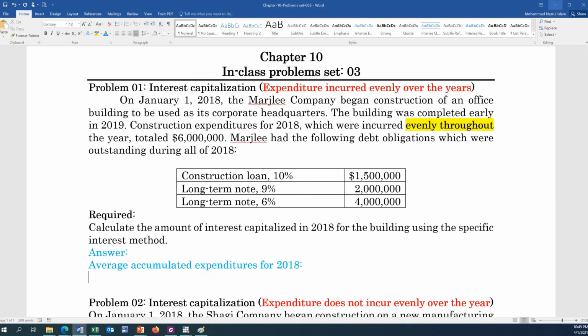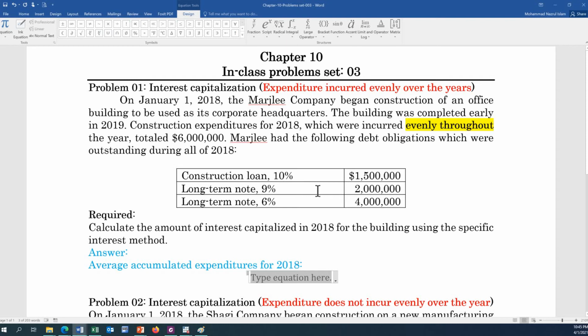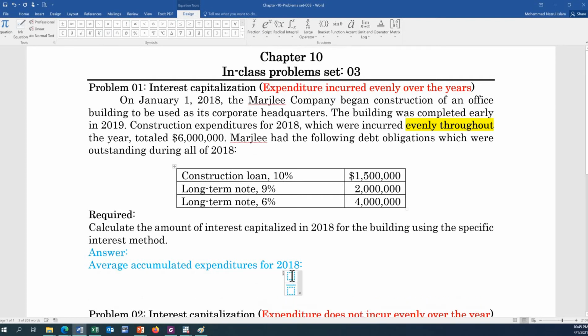So it should be equal to the total amount divided by 2. The total amount is 6 million divided by 2, which is equal to 3 million.